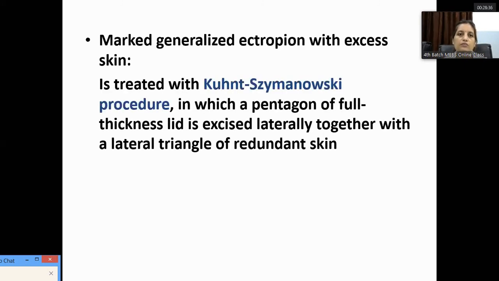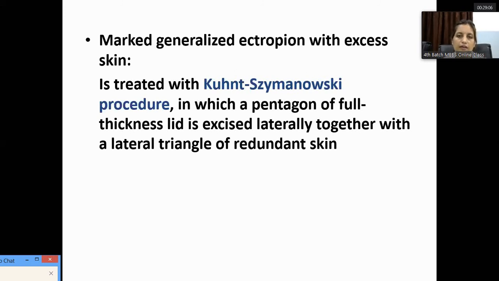If there is marked generalized ectropion with excess skin, then you can do another procedure called the Kuhnt-Szymanowski procedure, which is quite popular, named after the scientists who described it. In it, the pentagon of full thickness lid is excised laterally together with a lateral triangle of the remaining skin.